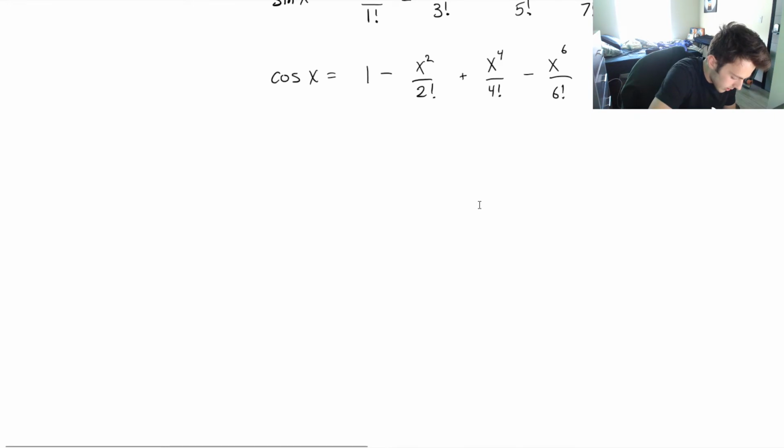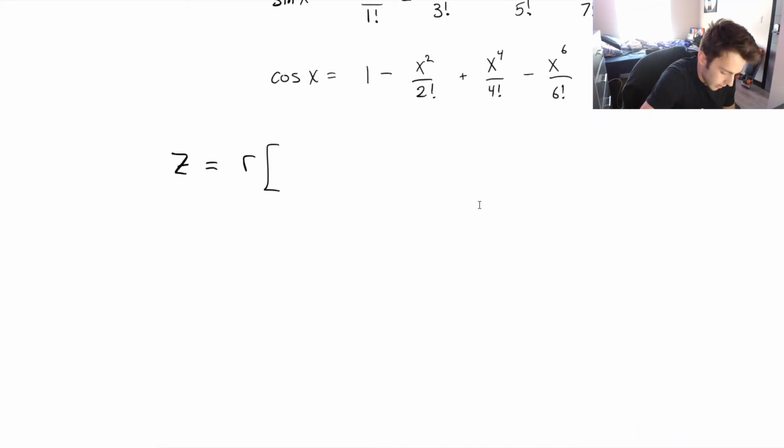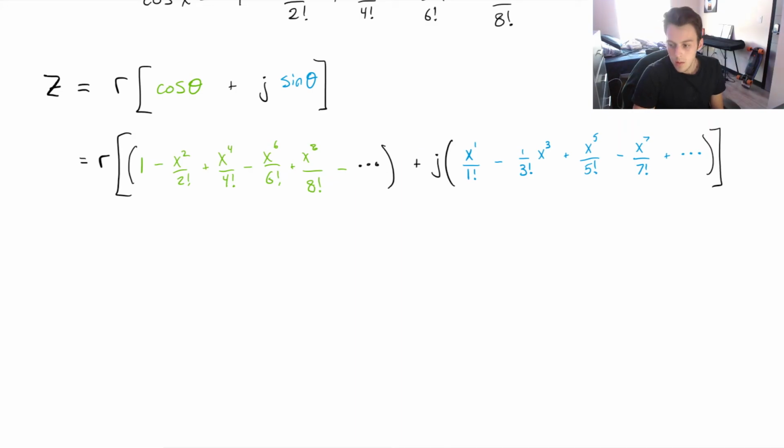I've got my complex number is r times, and then I had cos theta plus j times sine theta. Great, okay? So now I'm going to substitute these polynomials in, okay? So I'm left with this, okay?